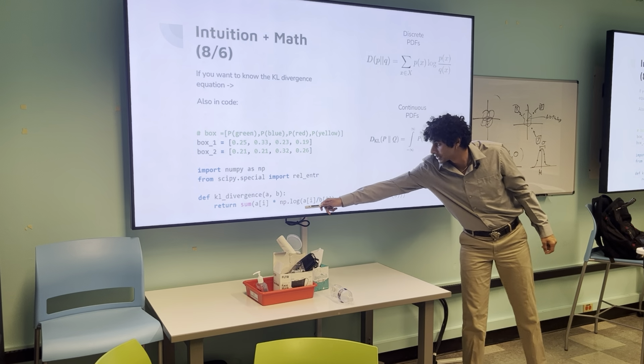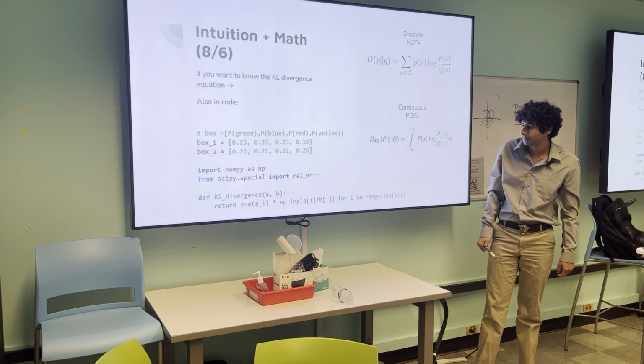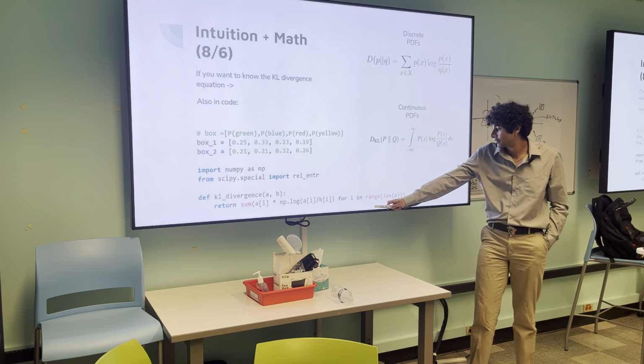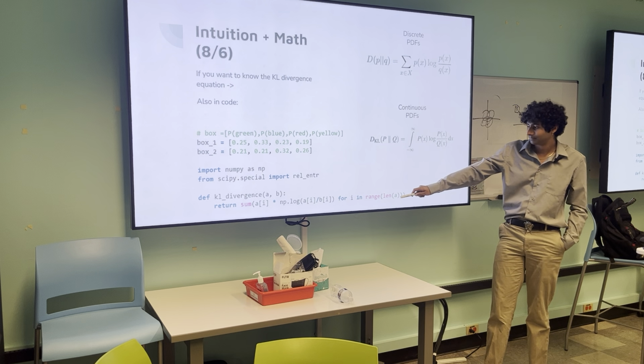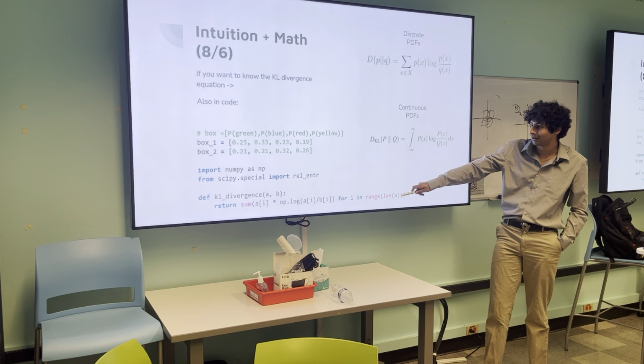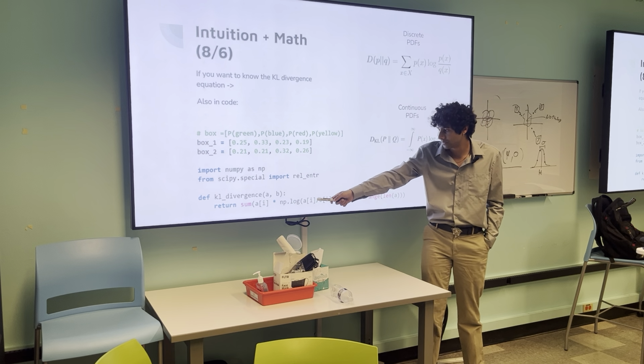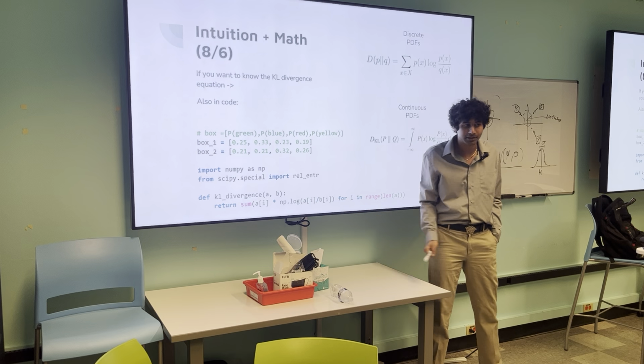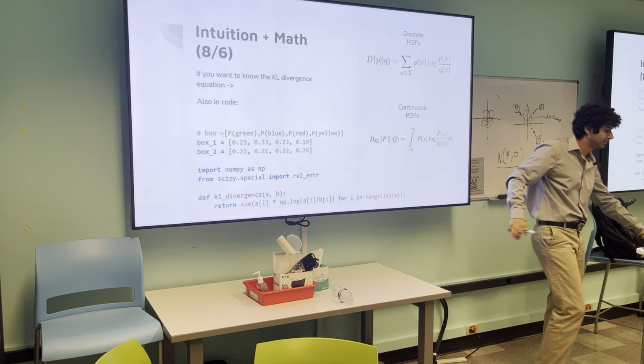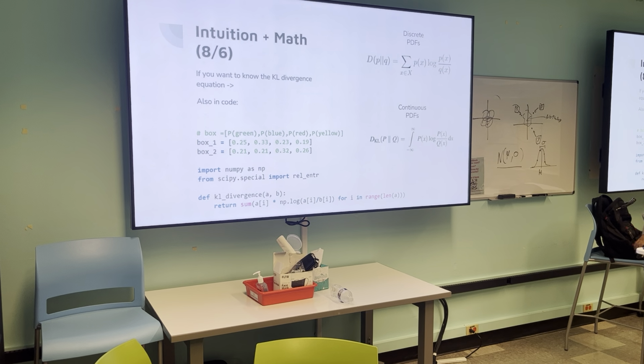This might be understandable if you know Python, but it's literally just for every element in A, you take it, multiply it by the log of that element over its equivalent in B. That's it. So you can take a second to digest that. And that'll give you a single number that tells you how far apart these distributions are, which will be useful in our loss computation. Any questions on that?